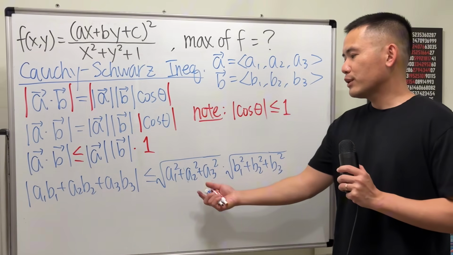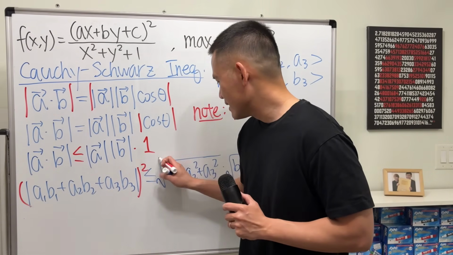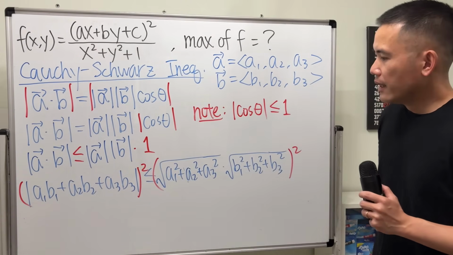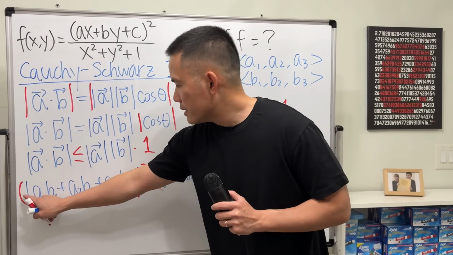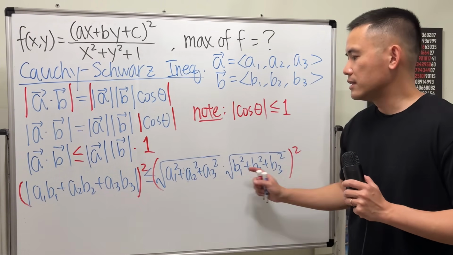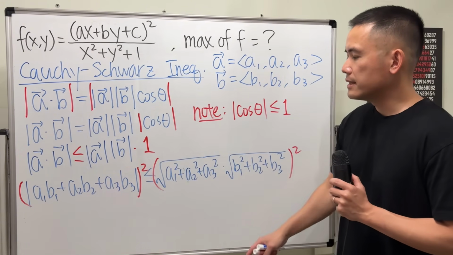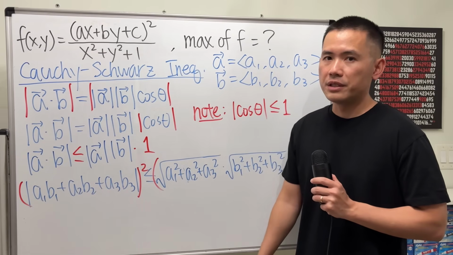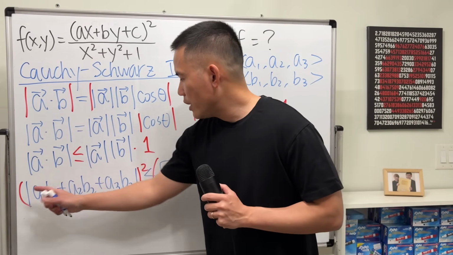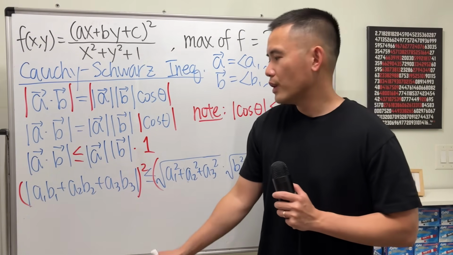Okay, we don't really like to have square roots. Let's just go ahead and square both sides. And some detail right here: with the absolute value, the left hand side is non-negative, and so is the right hand side because of the square root. So when we square both sides, we can still maintain the same inequality. And when we square this expression, because the absolute value is never negative, we don't need that.